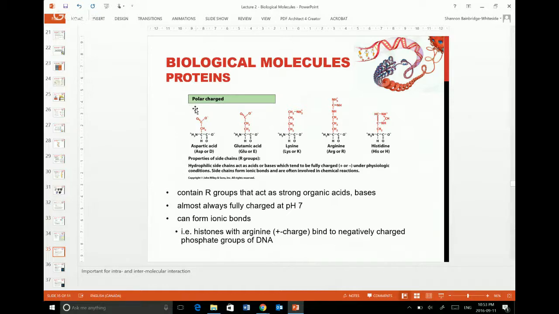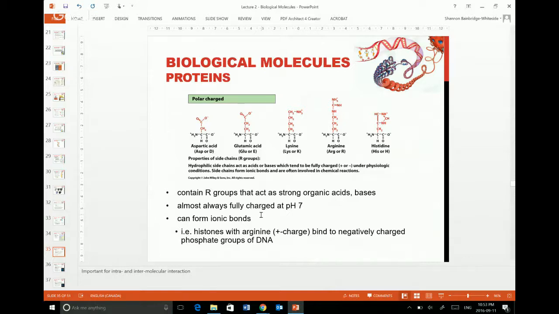In the case of the polar charged group, so this is aspartic acid, glutamic acid, lysine, arginine, histidine, in all cases, what you have are very highly charged polar side groups. So even at a neutral pH, these are usually found in a charged formation. You can see the O negative here, the NH3 plus here. And this allows them to act, in some cases, as acids and bases, and certainly to form ionic bonds.